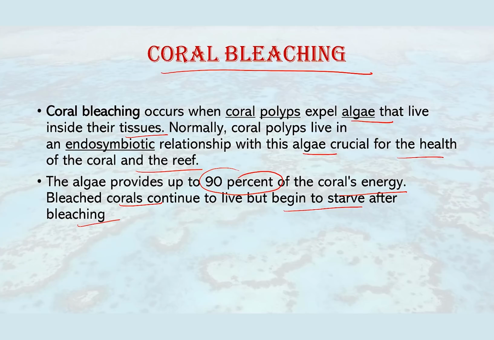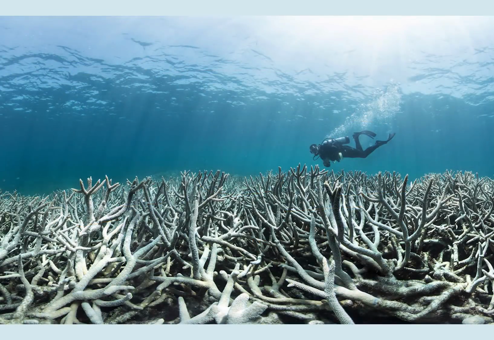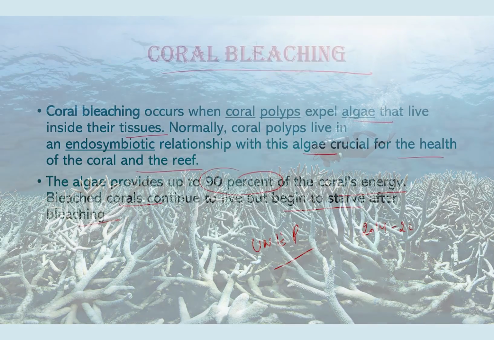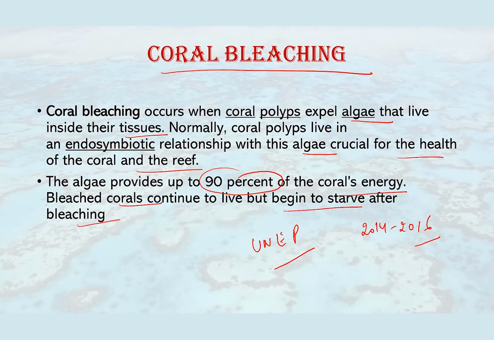Now, above average seawater temperature caused by global warming is a leading cause of coral bleaching. According to UNEP, United Nations Environment Programme, between 2014 to 2016, the longest recorded global bleaching events killed coral on an unprecedented scale.